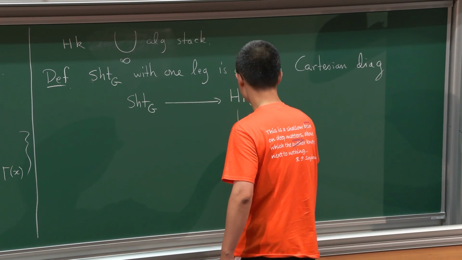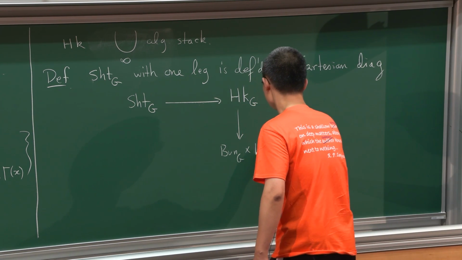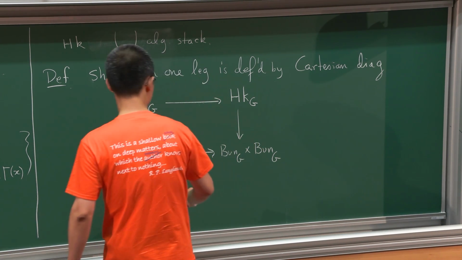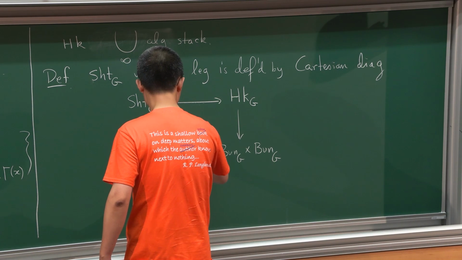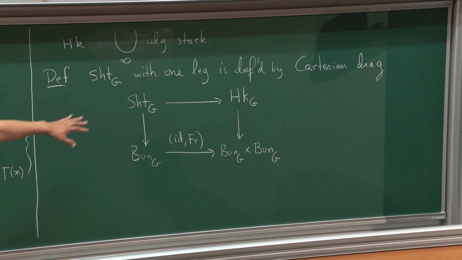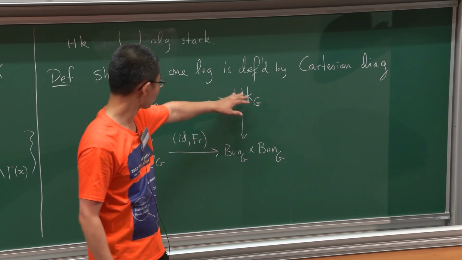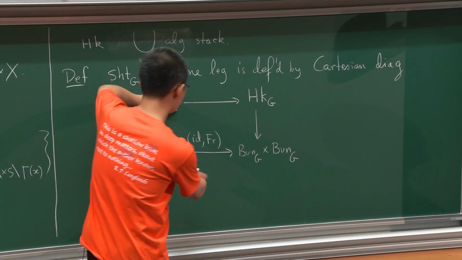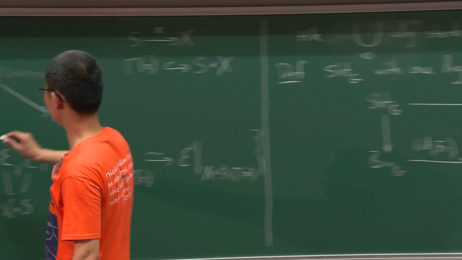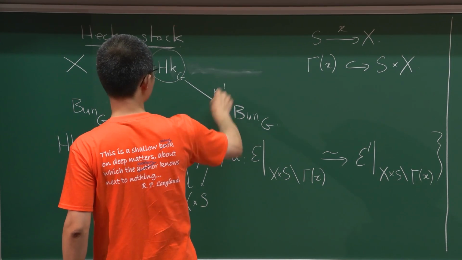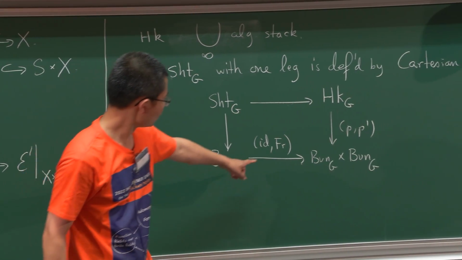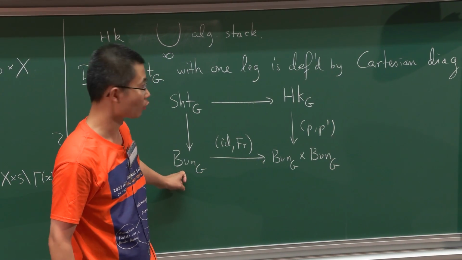Hecke_G mapping to Bun_G times Bun_G, and then I pull back via the graph of Frobenius. In this diagram, out of 4 corners, we know 3 of them already. There's Bun_G and Hecke_G, and we have this map p prime. And horizontally, we just have the graph of Frobenius.